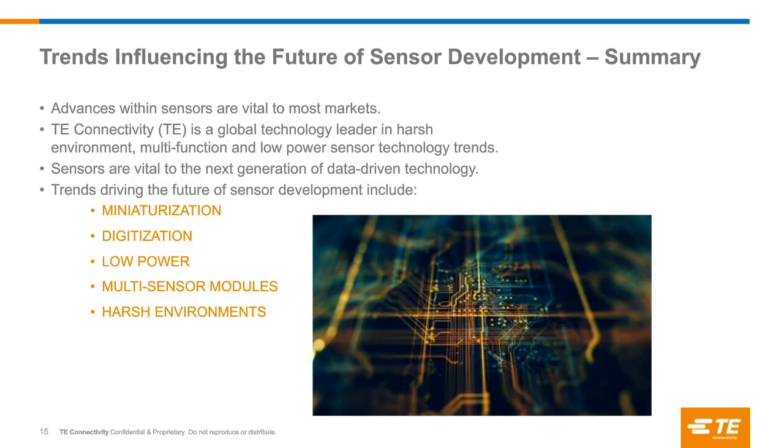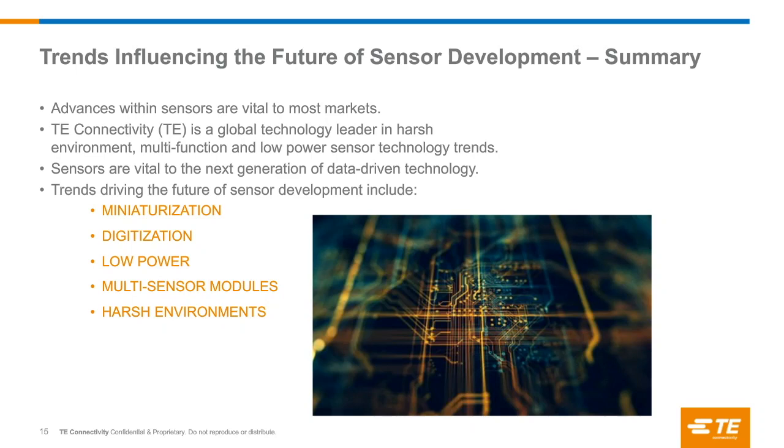So to summarize these trends, we are paying very close attention to the trends that are driving the markets that we serve. And what we're getting from our customers is an expectation that we're able to provide sensors in smaller and smaller packaging.